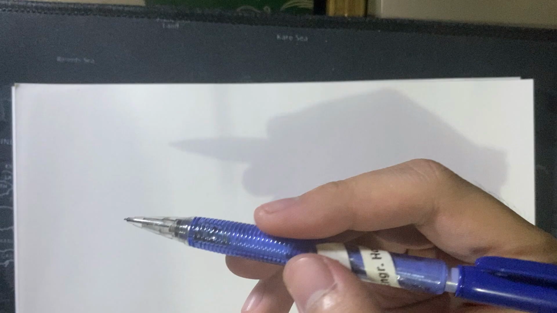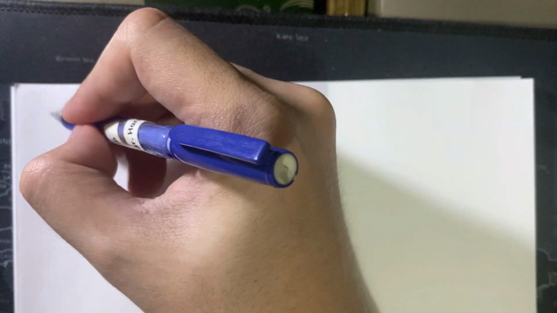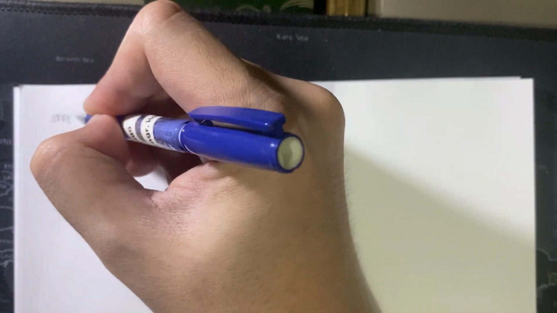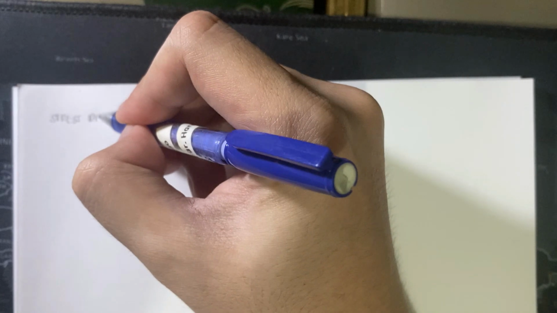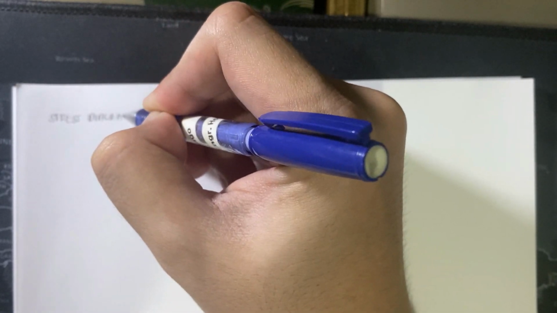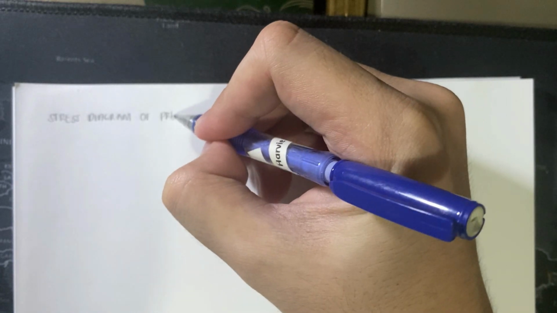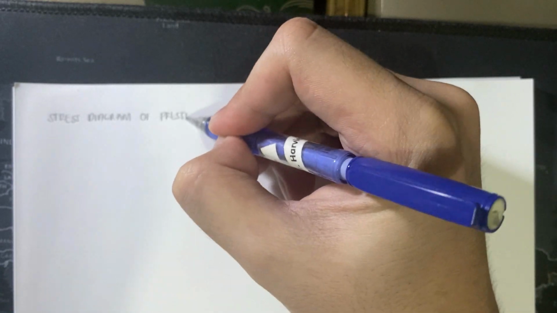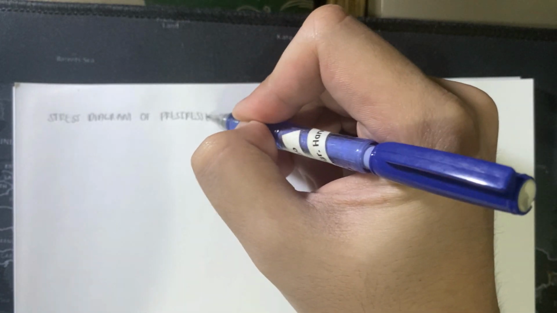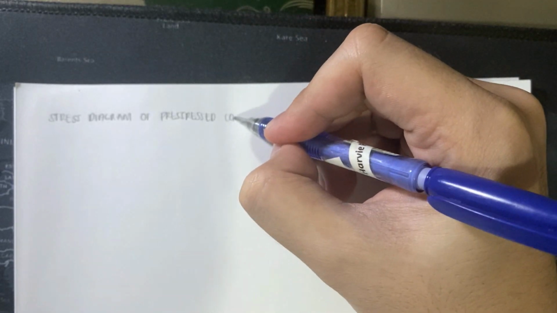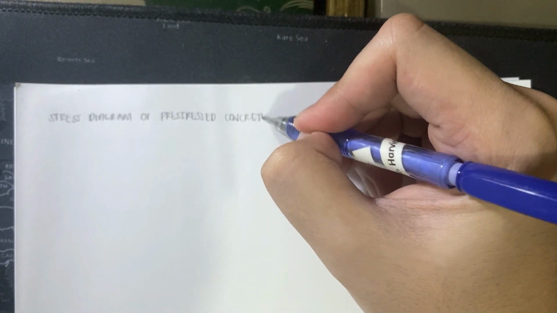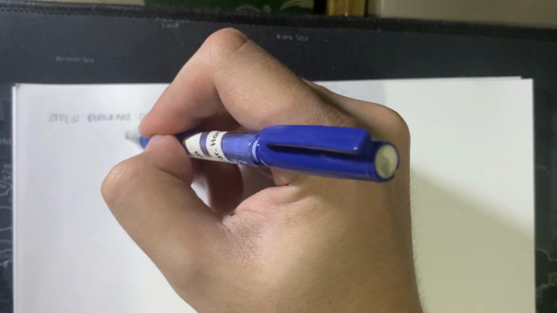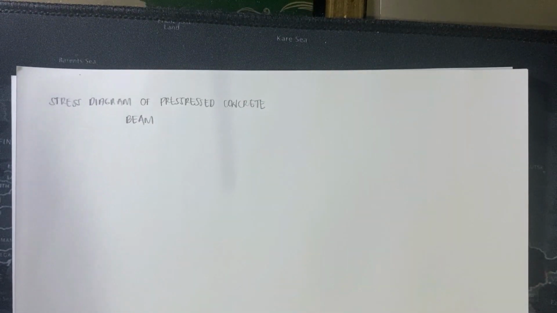So, let's discuss the stress diagram on a pre-stressed concrete. This would show how we interpret the application of the compressive stress induced by the pre-stressing tendons.